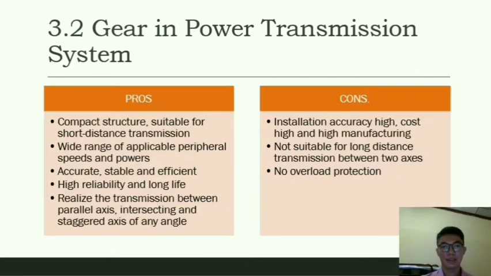These are the advantages and disadvantages of gear transmission.